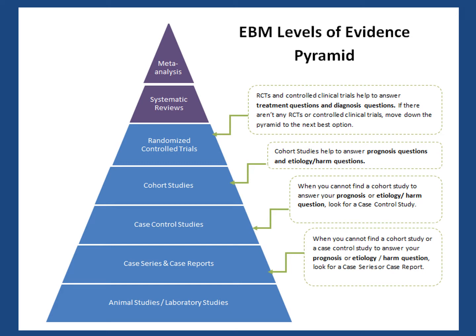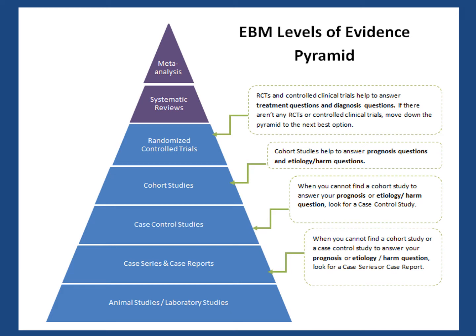So if the studies are divergent enough that they cannot be combined statistically as one in a meta-analysis, then a systematic review is run across multiple studies and draws conclusions. And then you go down to individual randomized controlled trials, cohort studies, case control studies, case series or case reports, and then just individual reports.